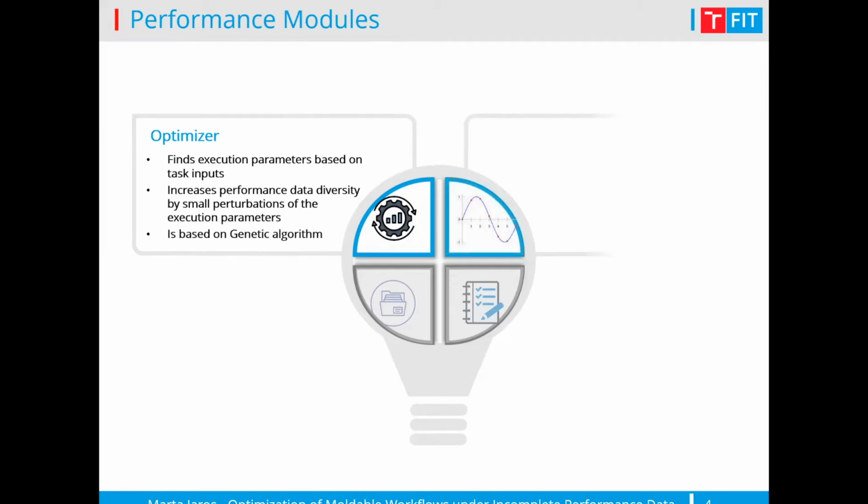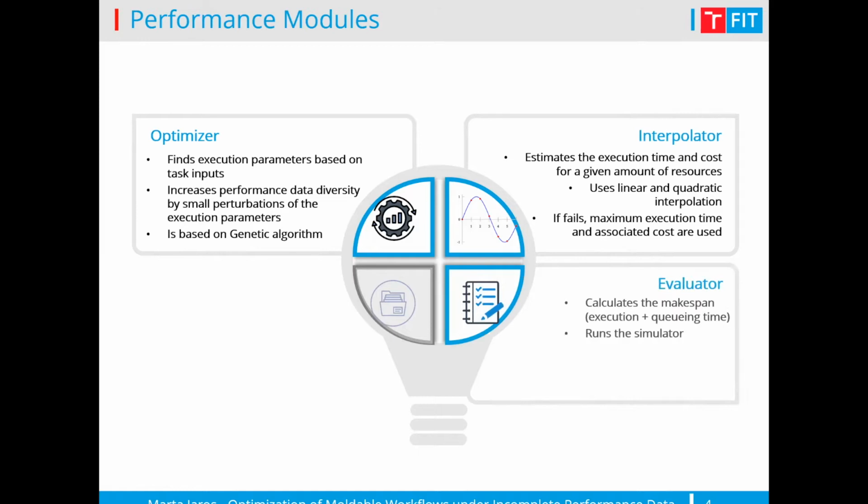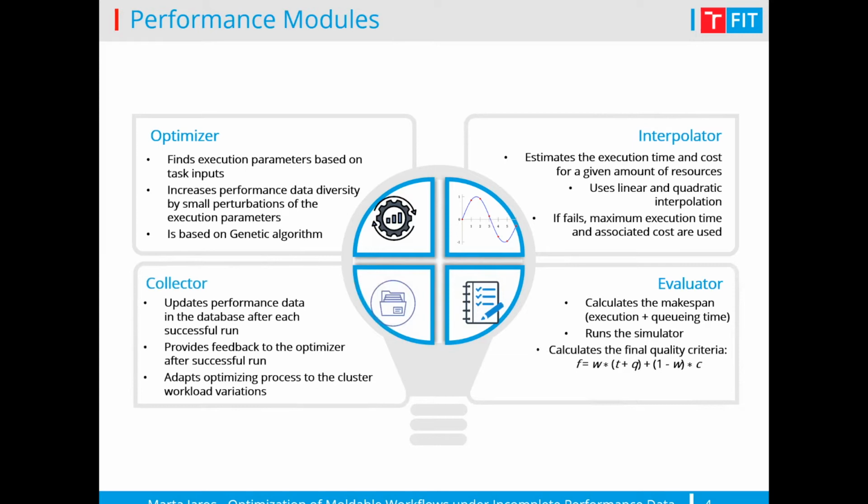This module stands on the genetic algorithm and finds execution parameters based on task inputs, and it uses collected performance data. In practice, we are not able to hold all performance data for all input possibilities. But I will talk about it later.